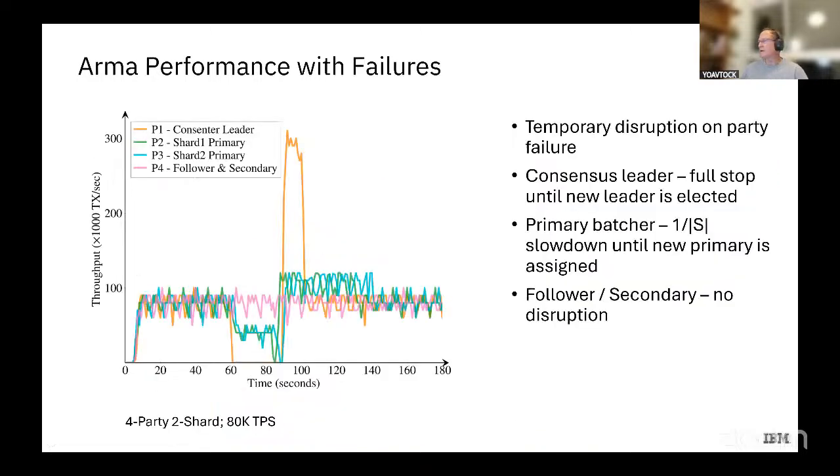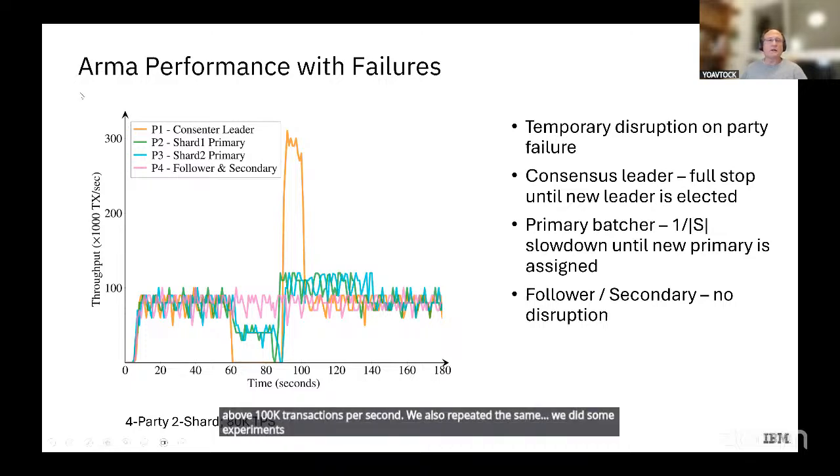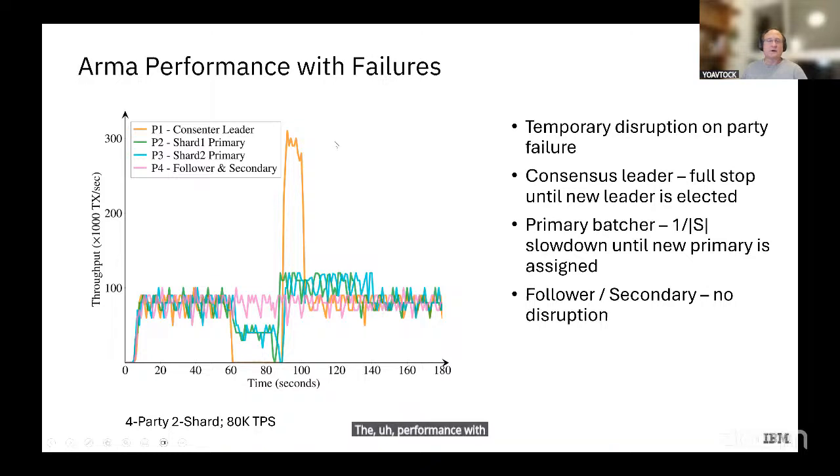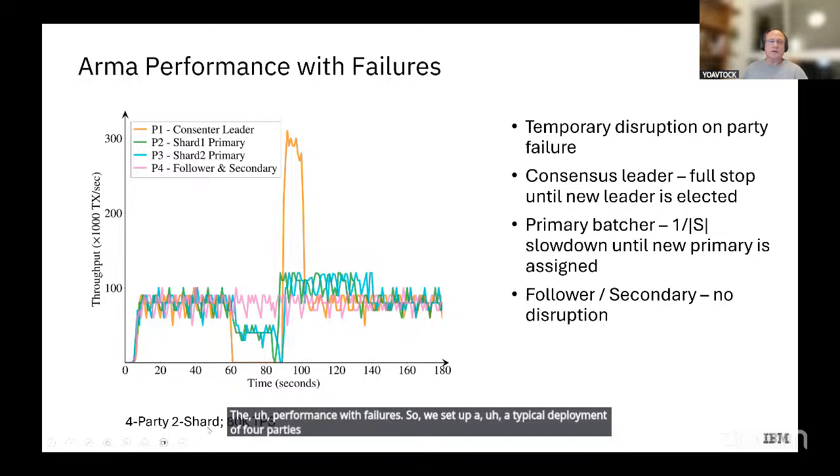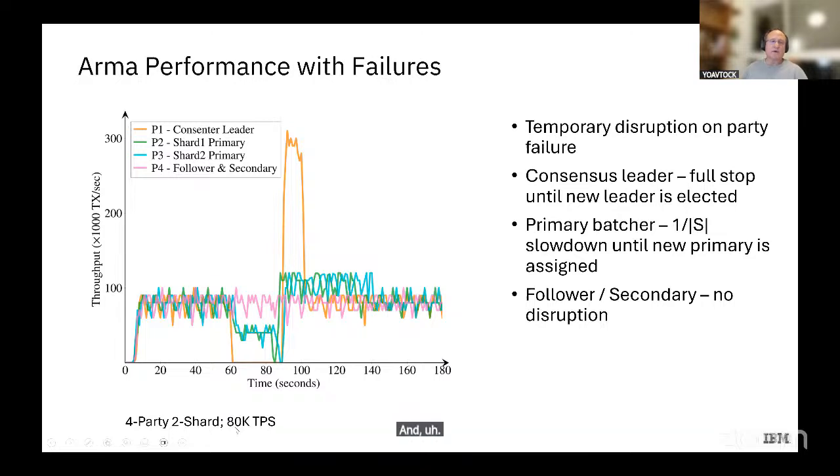We also did some experiments in order to analyze the performance with failures. So we set up a typical deployment of 4 parties and 2 shards, and loaded it with 80K transactions per second continuously.